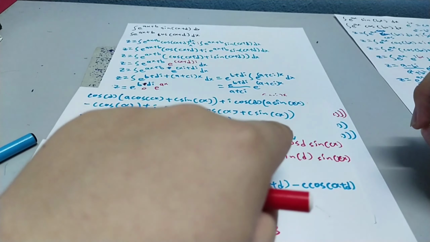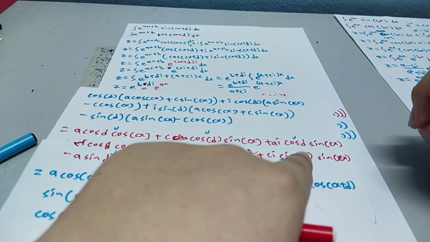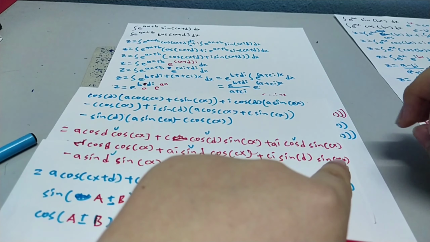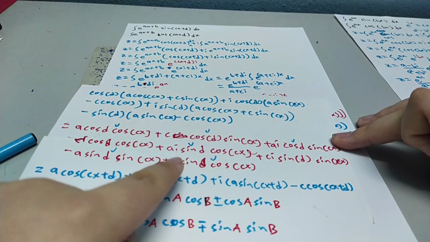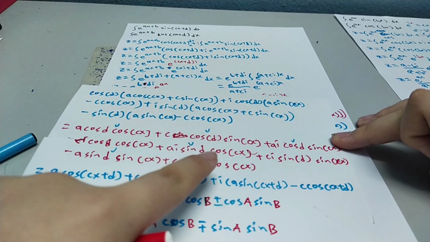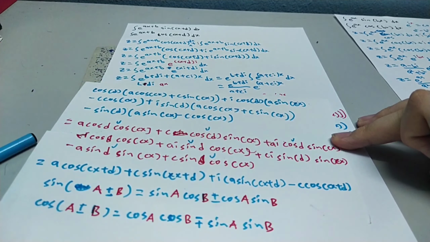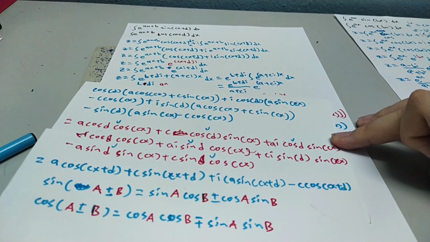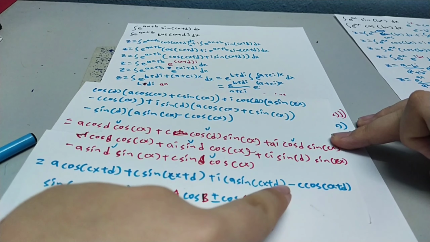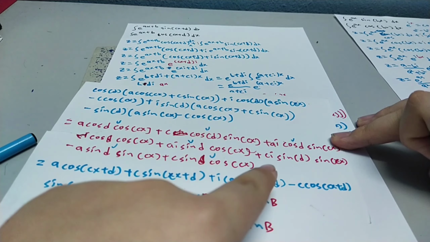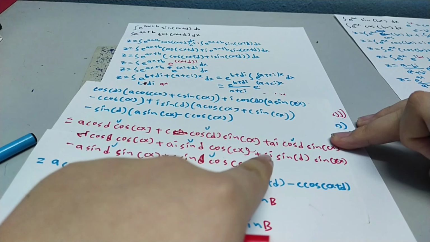If after factorizing i, the remaining term is a times cosine of d times sine of cx plus a times sine of d times cosine of cx. So after we factorize a, I will get cosine of d times sine of cx plus sine of d times cosine of cx. That's going to be equal to sine of cx plus d. And then the remaining term right here is ci.